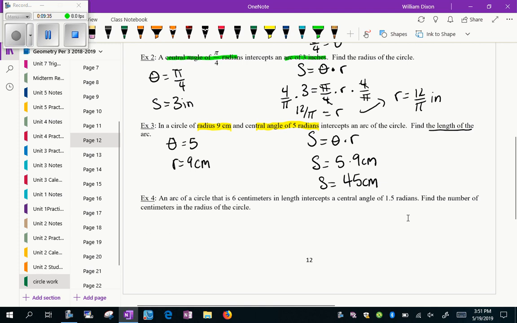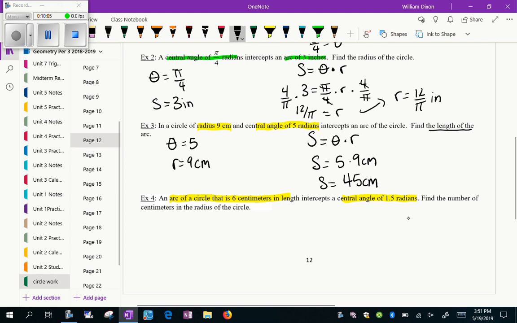All right, last one. An arc of a circle that is 6 centimeters in length intercepts, or subtends, a central angle of 1.5 radians. Find the number of centimeters in the radius of the circle. So once again, I really think it's a great strategy to write down what you have and then substitute in.